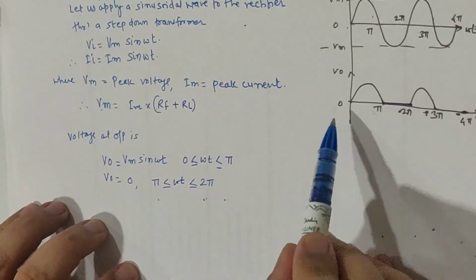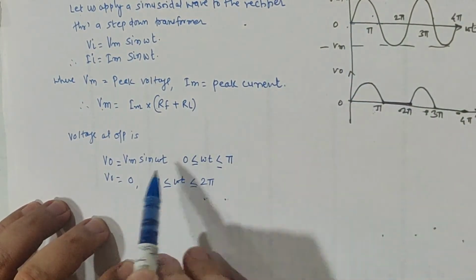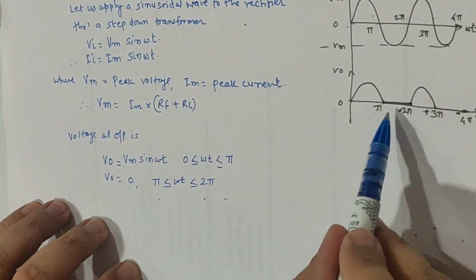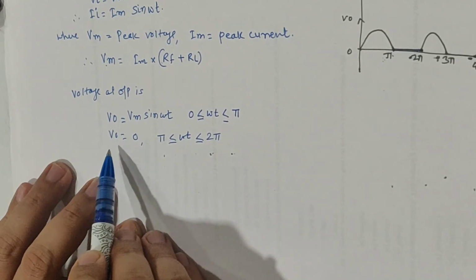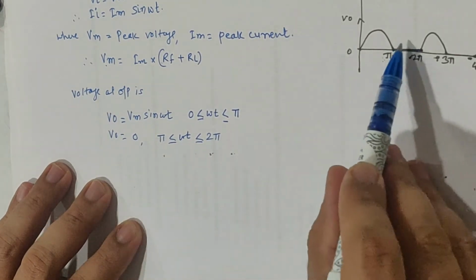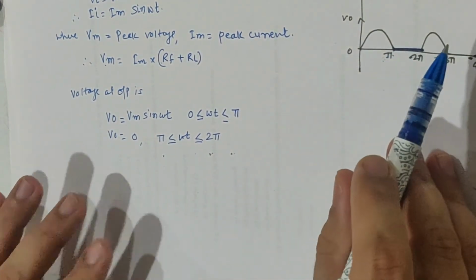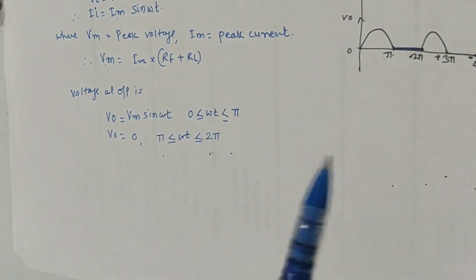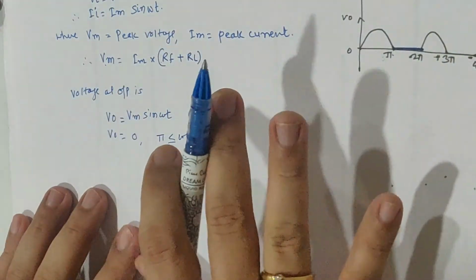See this, for 0 to pi, the input is equal to the output, that is Vm sin omega t, and for pi to 2 pi, the output is going to be 0. Why? Because the negative half cycle is being clipped here. Okay, so this is what we have written.